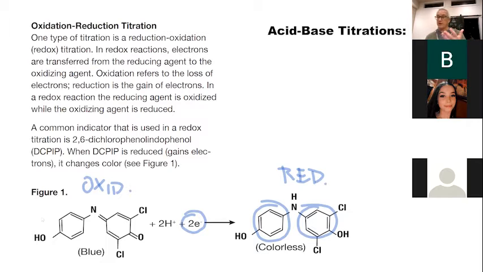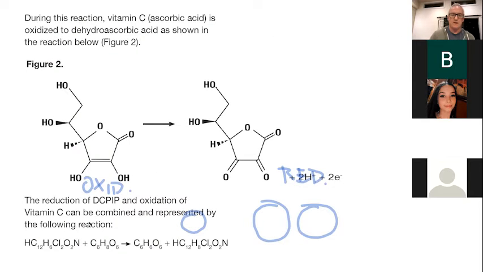So when we start, it's going to be blue. So this is a blue color when it's oxidized. And you can see that the two places it's oxidized are right here.